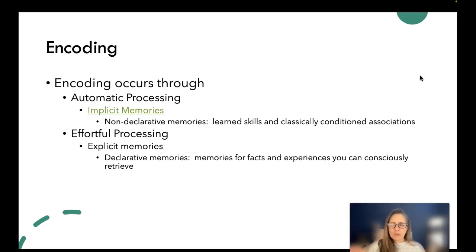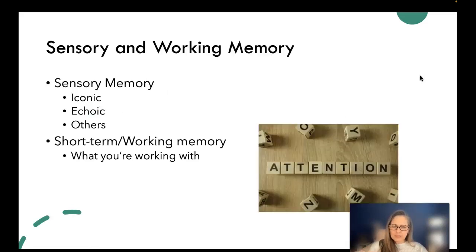So again, you might pause here and think about what are some of the effortful processing strategies that you use as you study for your different classes? And are they different from one class to the next, depending on the subject area? So we're going to be looking at encoding, particularly through effortful processing.